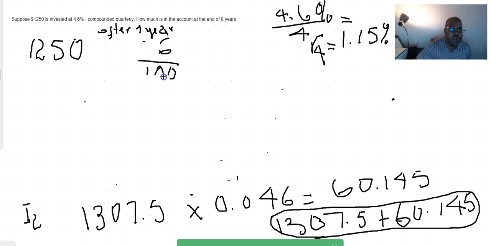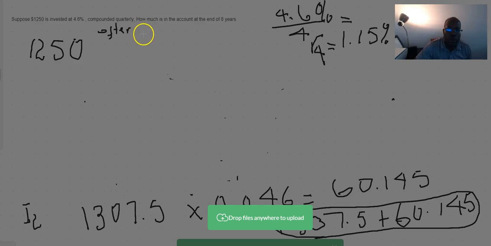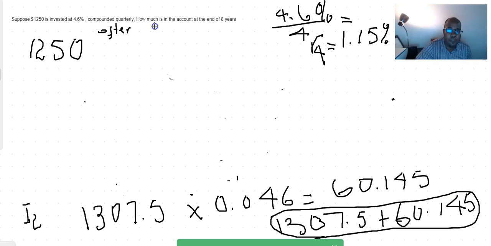I'm not gonna say after 1 year, it's gonna be now after 3 months, and I'm gonna have this interest, which is quarterly. So after 3 months, there it is.